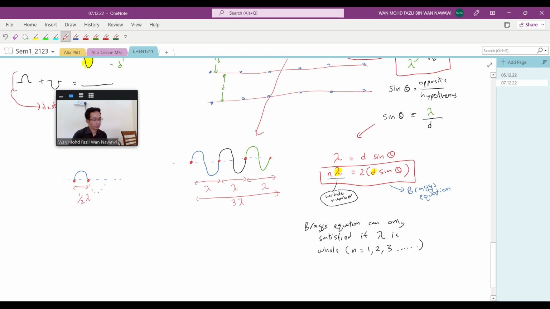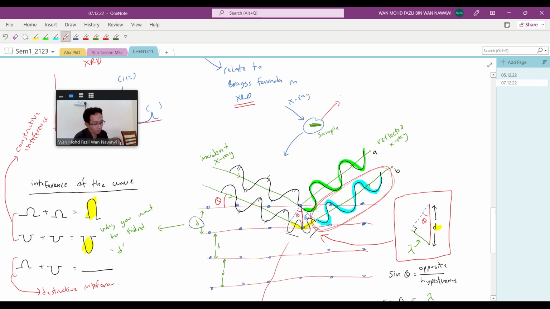Only then you can get something like this, and when you get something like that, you know it's constructive interference. Constructive interference, what you get is a peak, intense.